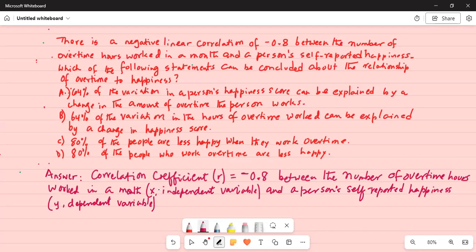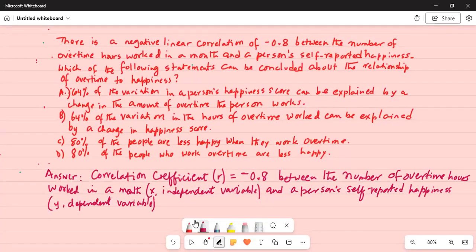Notice the correlation coefficient is negative. That means as the person's overtime hours worked increases, person's self-reported happiness score goes down. Negative relationship between X, the independent variable, which is the number of hours worked in a month, and Y, which is the dependent variable, in this case, self-reported happiness score.